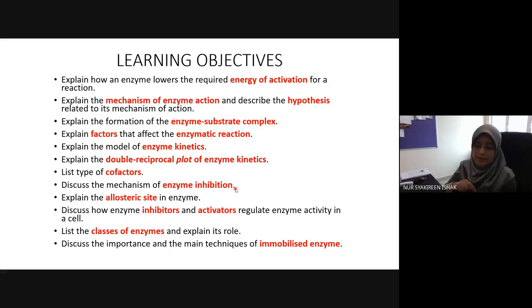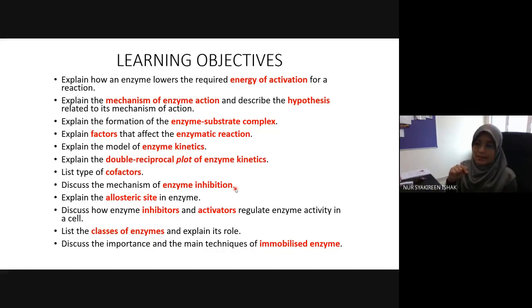So what is the effect? Once the inhibitor binds to the allosteric site, it causes the shape of the enzyme to change. Once the shape of the enzyme changes, it also affects the shape of the active site, and therefore the substrate cannot bind to the active site, and the rate of reaction will slow down and eventually stop.